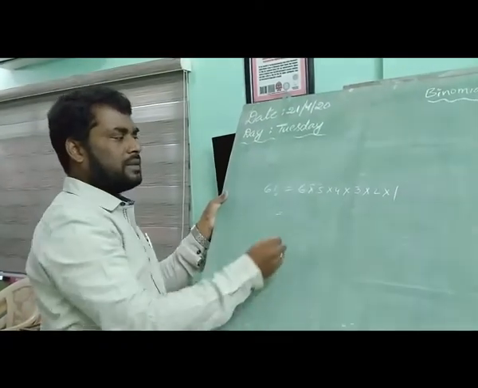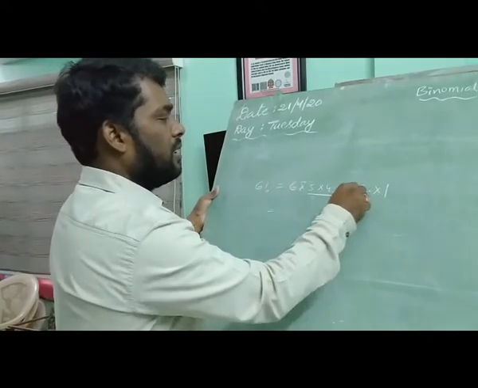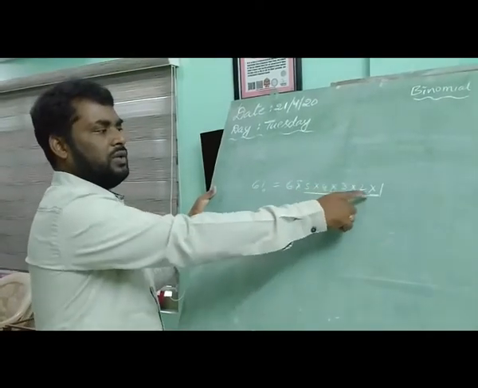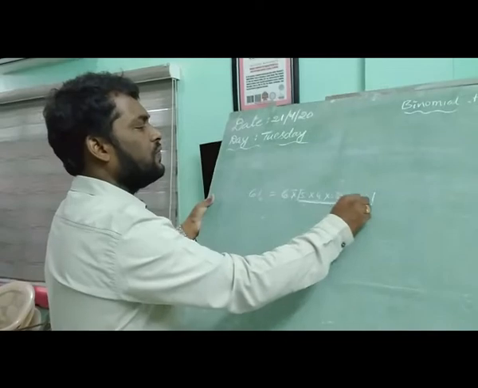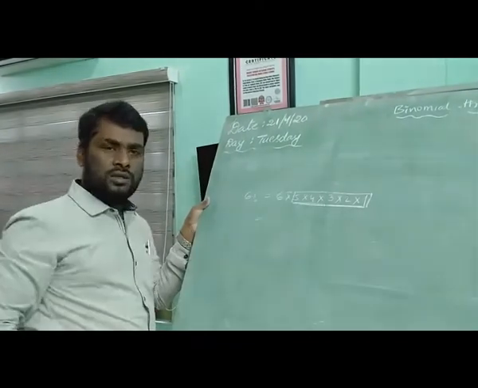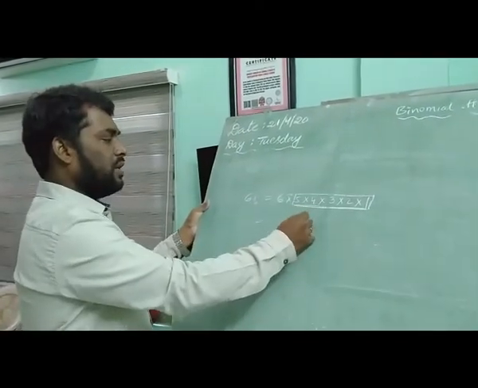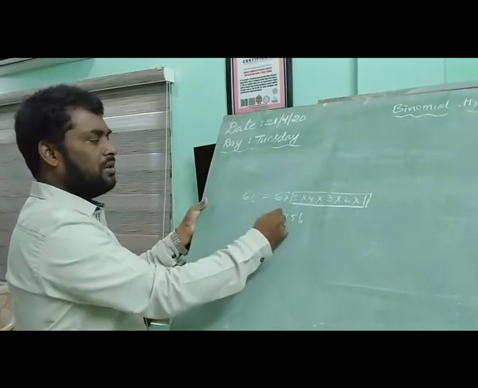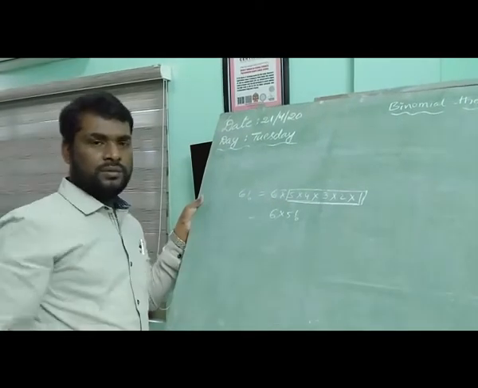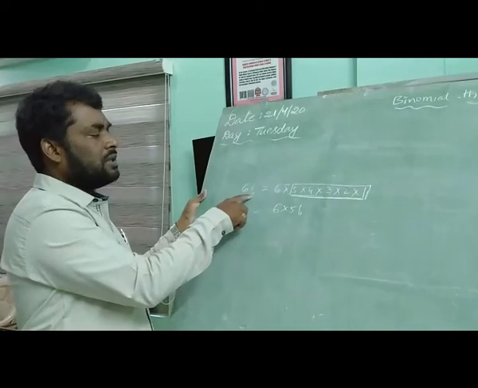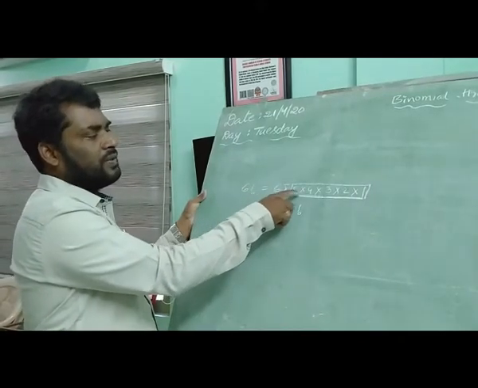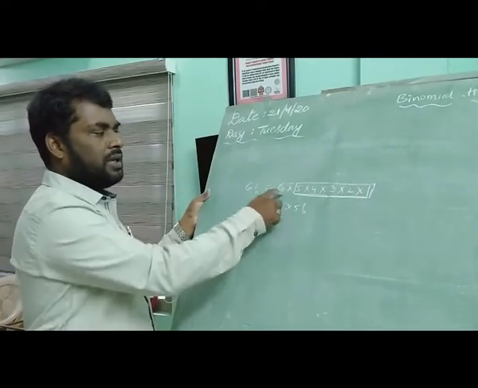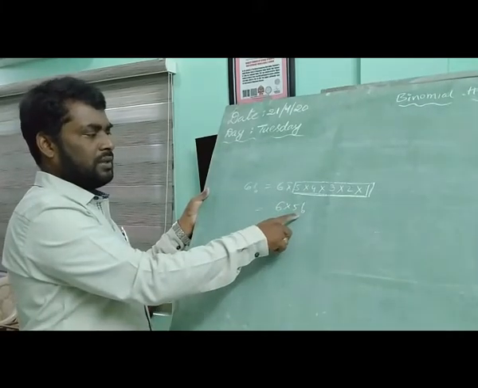Again it can be written as, see once, underline 5 into 4 into 3 into 2 into 1. That can also be written as 5 factorial, and here 6 is already there, so 6 into 5 factorial. So 6 factorial can also be written as 6 into 5 factorial.